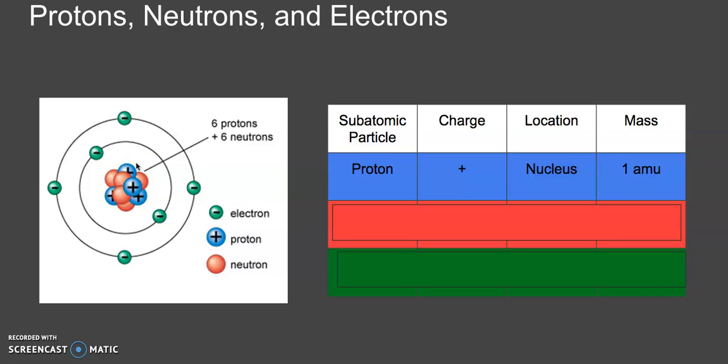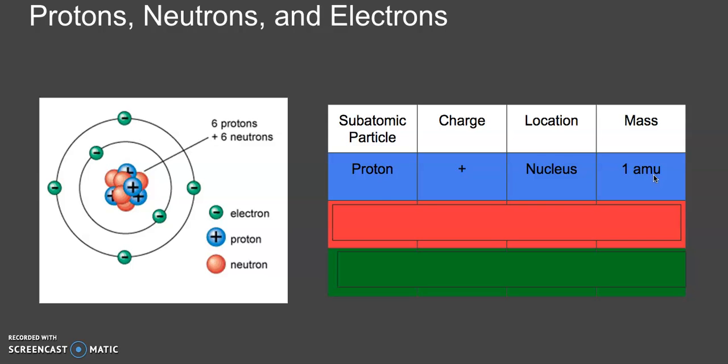And they are relatively massive. They have a relatively high mass of one atomic mass unit, which is this unit here. It's measured by the mass of one proton, which is why it's 1 AMU for protons.